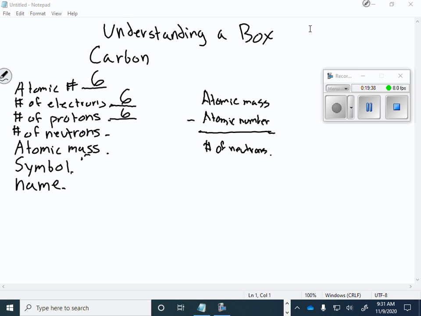All right, the next thing that they usually give you is either 1 or 2 letters. Look, that 1 or 2 letters, what does that tell us? What does that represent? Yes? The symbol. Okay, so we know that the 1 or 2 letters is always going to be the symbol. And so in this case, there's 1 letter, and that's C for carbon.